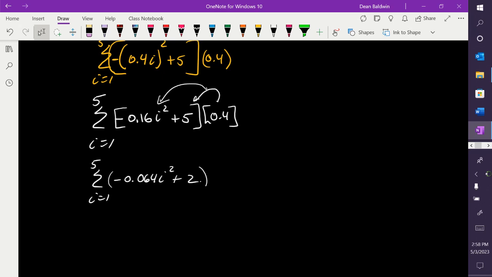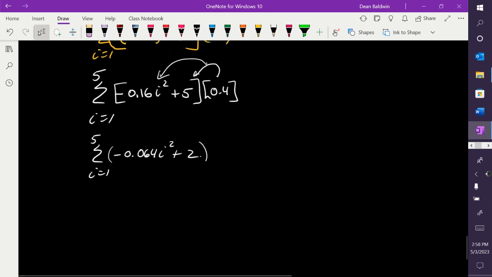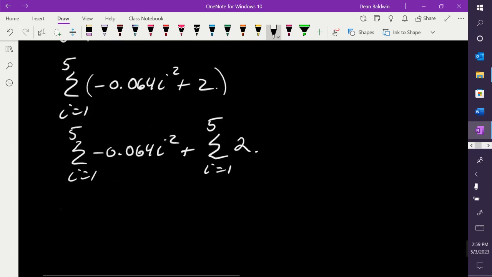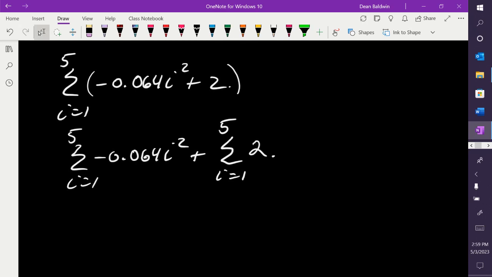Okay. I'm going to break this up because we're adding two different summations. You can pull constants out, right? So I'm going to pull the negative 0.064 out.